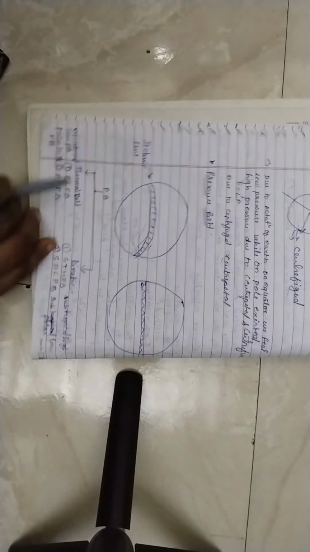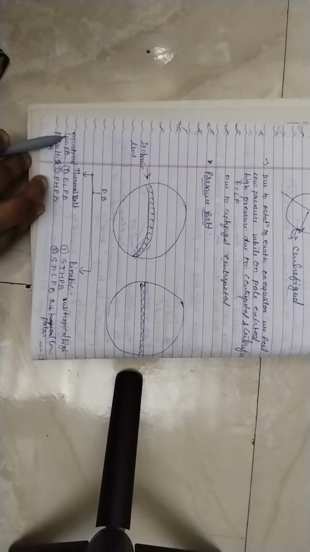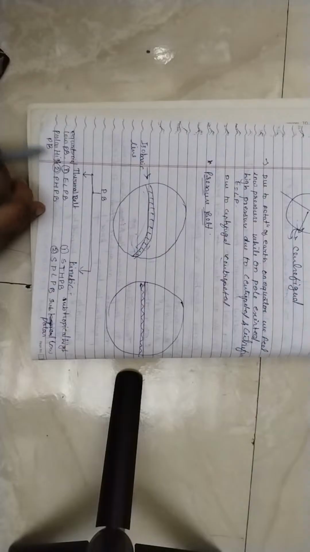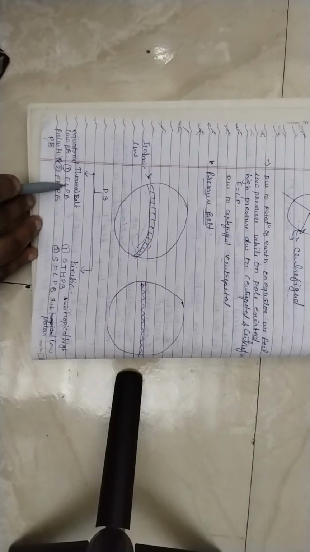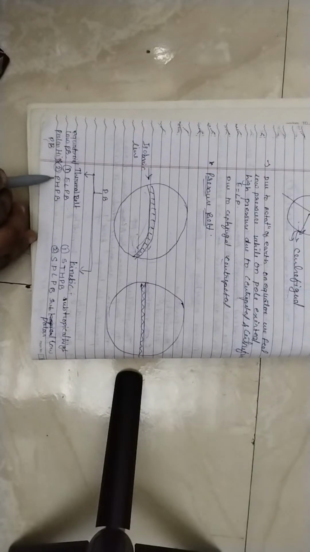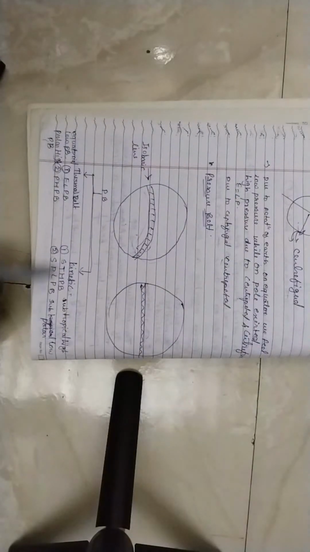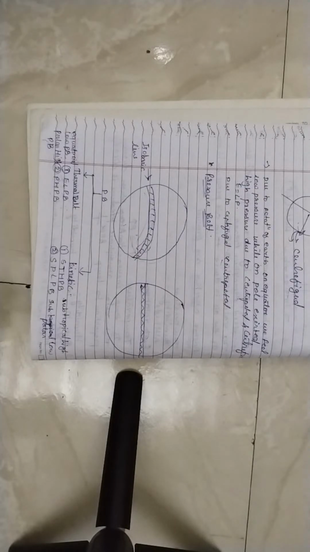Okay, in the thermal belt there is the equatorial low pressure belt and the polar high pressure belt, this is the short form. Kinematic: subtropical high pressure belt and subpolar low pressure belt. Okay, this is the short form which is written over here.